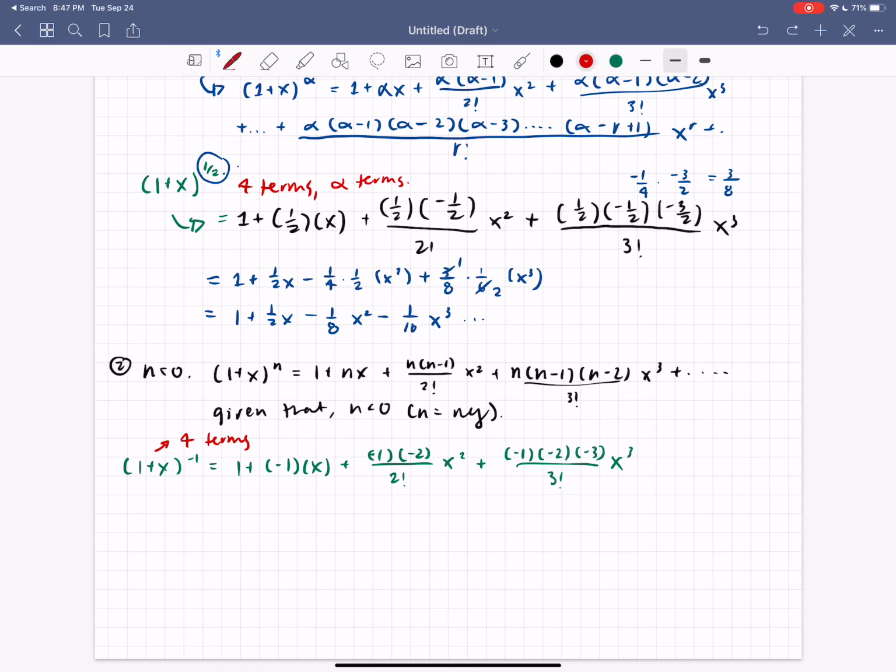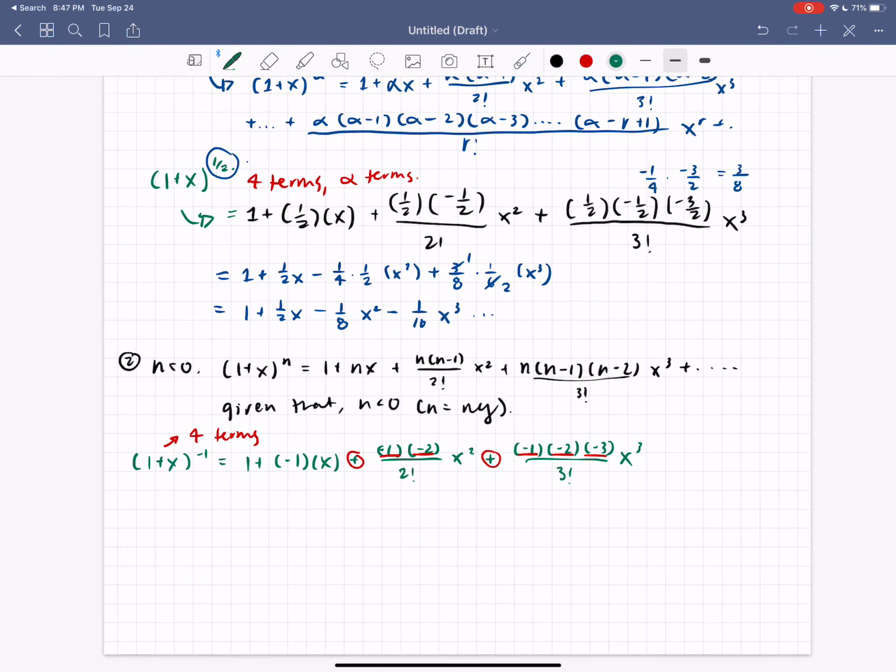So these are 4 terms, and notice that every multiple is decreasing by 1 every time we have a new constant to add. So let's expand this.